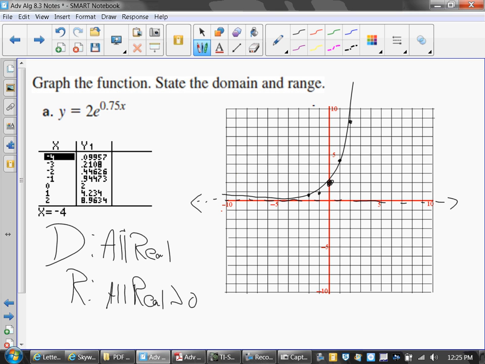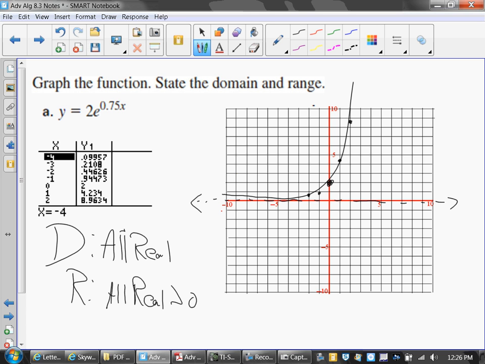And that's what it looks like. So the only thing that's going to change here is that instead of having maybe 1 or 2 or 3 points that you can actually physically plot, like we did with exponential growth and decay, you're really not going to have anything that makes any sense for your plotting points. The only one that will make sense is your y-intercept. Okay? Questions so far? All right.